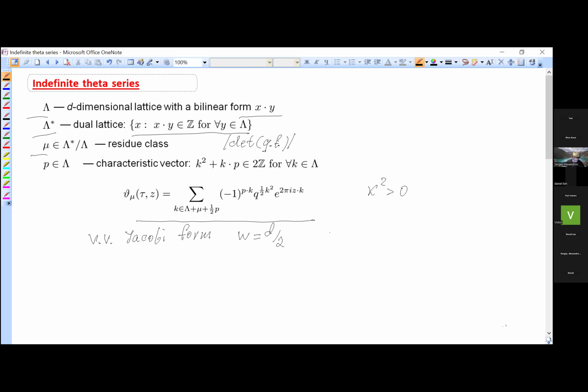And you remember Jacobi forms are also characterized by an index. This is a multivariable vector valued Jacobi form, multivariable because the elliptic variable z is a vector here. So in that case, the index is a matrix.